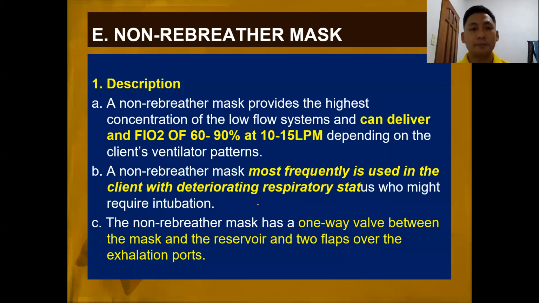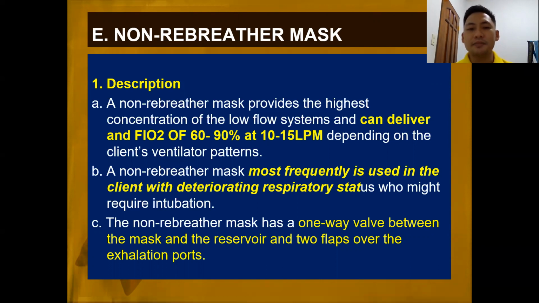Exhaled by the patient. And talking about the non-rebreather mask, a non-rebreather mask provides the highest concentration of oxygen among low-flow systems and can deliver an FiO2 of 60 to 90%, according to Potter and Perry, at 10 to 15 liters per minute, depending on the client's ventilatory pattern.